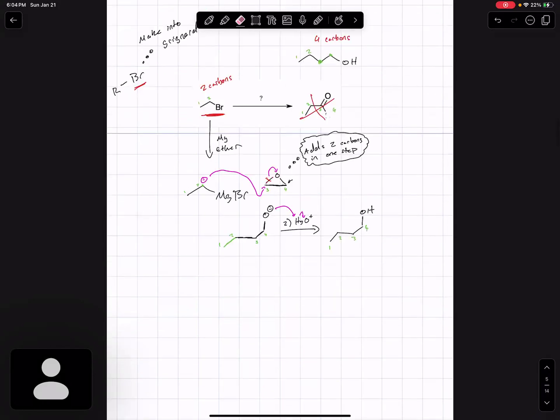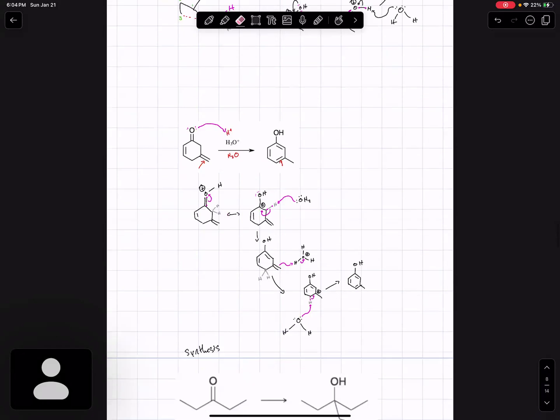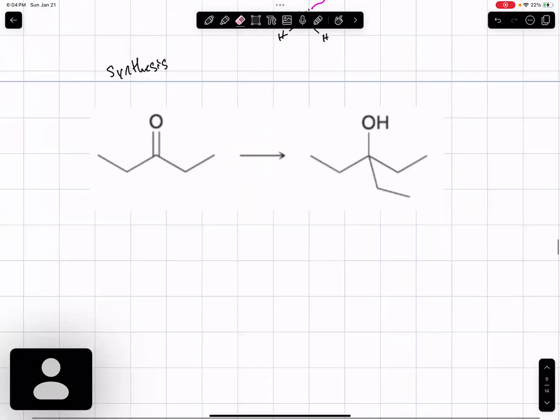Okay, well, we've learned to use Grignard. We've also learned to use an acetylide ion, and we've also learned to shorten a carbon chain by using some kind of ozonolysis.